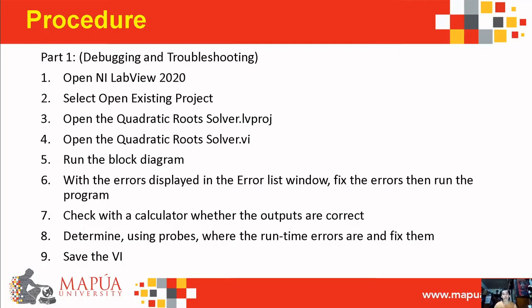Then step 8, to determine using probes where the runtime errors are and fix them, since in using probes, we'll be able to identify where these runtime errors are occurring. Then step 9, we will be saving the VI file.